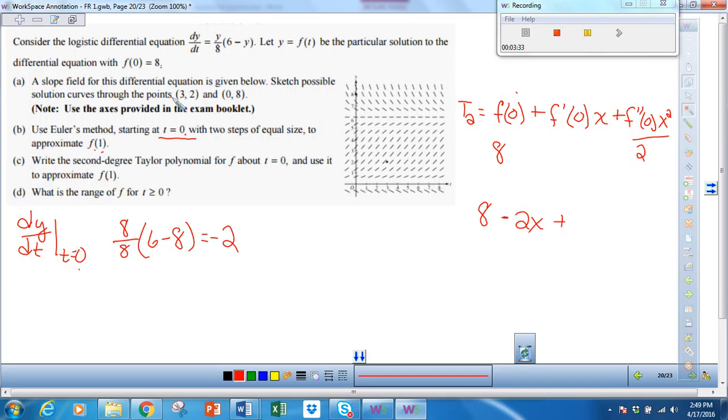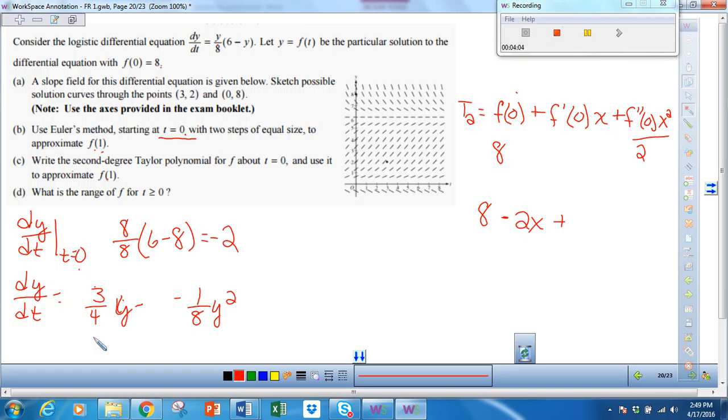Finding the second derivative, we're actually going to have to take the derivative of this and evaluate it at 0. Let's rewrite it. We can use product rule, but I don't want to use product rule though. So I'm going to write this as 6/8, which is 3/4 y, minus 1/8 y squared.